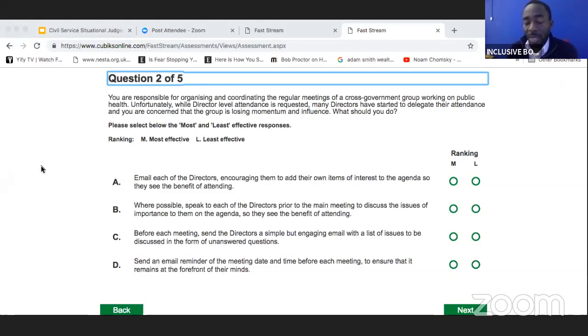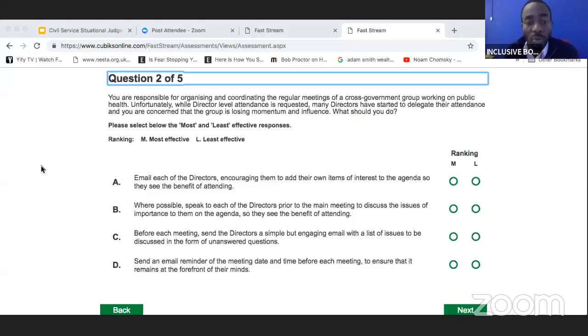Although you're spending more time in the short term to ring up everyone, the impact of receiving an answer straight away is much more vital and crucial compared to email, which may take days or weeks for people to respond to. And you may end up having to chase people again, which really puts you in a very challenging situation.